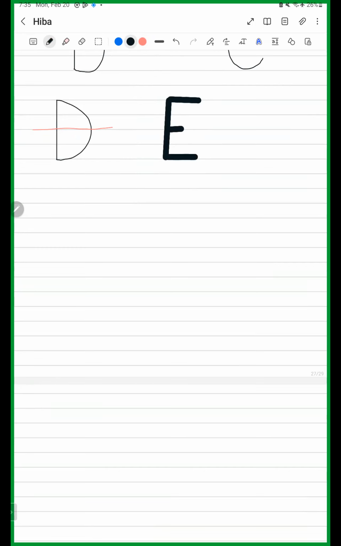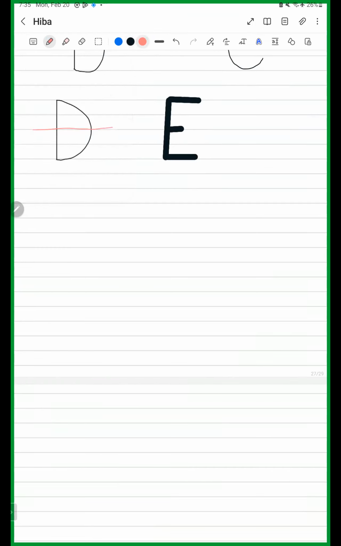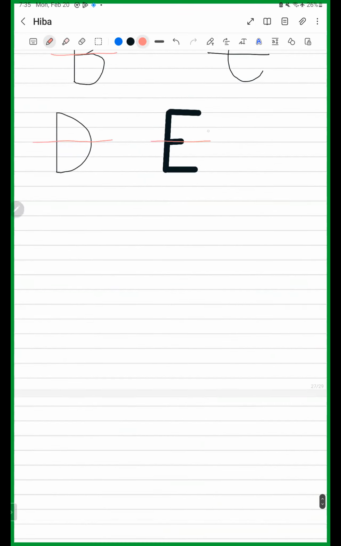Okay. Is it fine now? Yeah. Now the horizontal line of symmetry is this. Is it a line of symmetry? Yeah. So E is also horizontal. ठीक है? Horizontal. Okay. अब F पे आ जाइए.